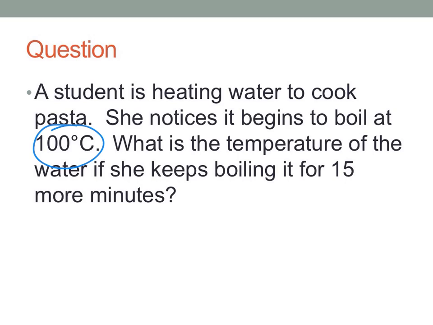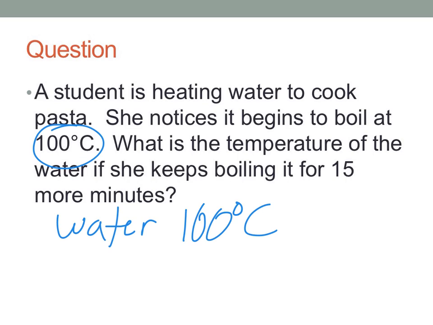So if you keep boiling it for 15 minutes, the water will stay at 100 degrees Celsius. Because anywhere past 100 degrees Celsius, it's going to become a gas. It's going to turn into steam. So no matter how long she boils, she could boil it for an hour and a half, it'll still be water at 100 degrees Celsius, because anything past that is a gas.